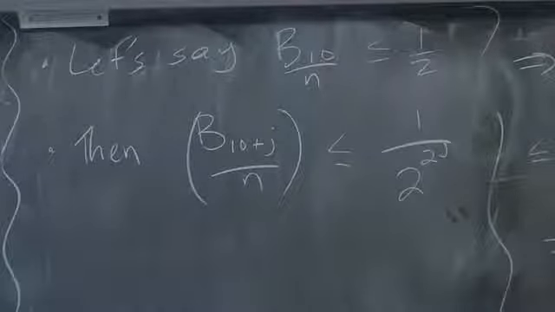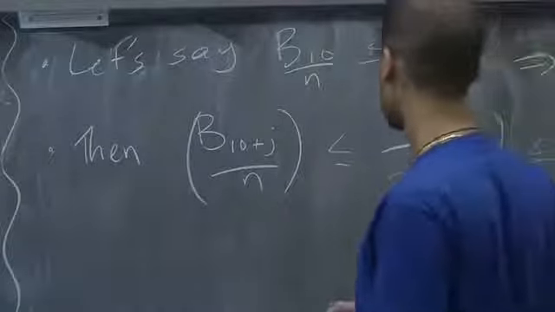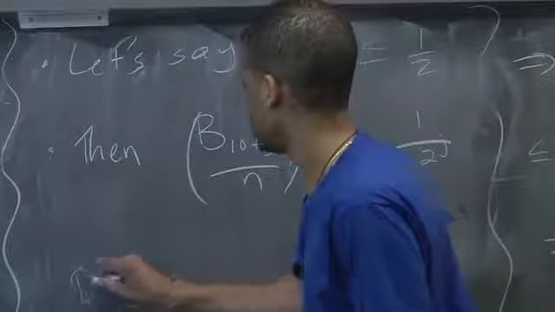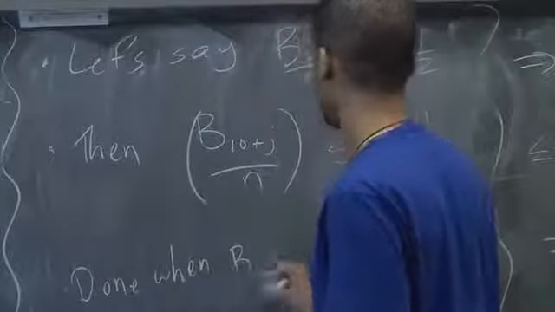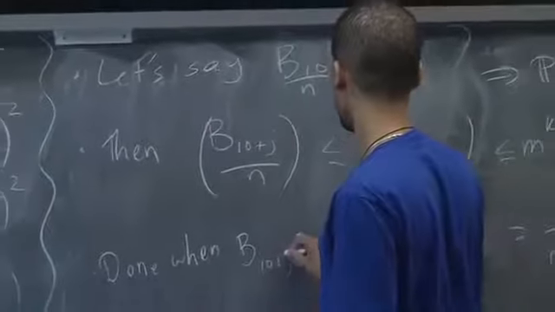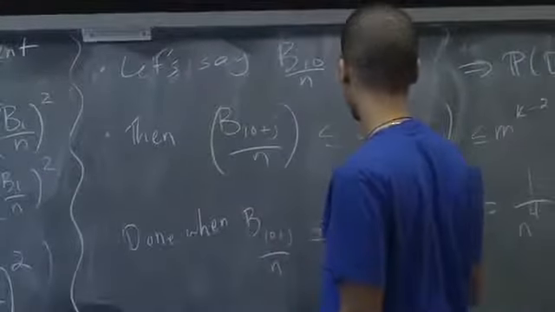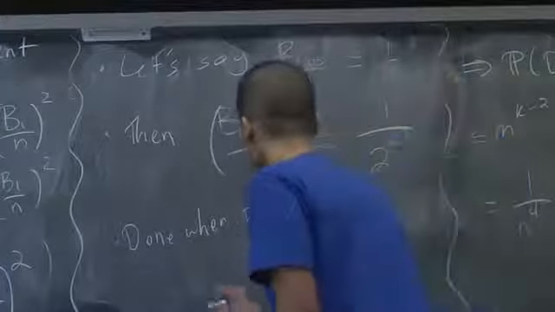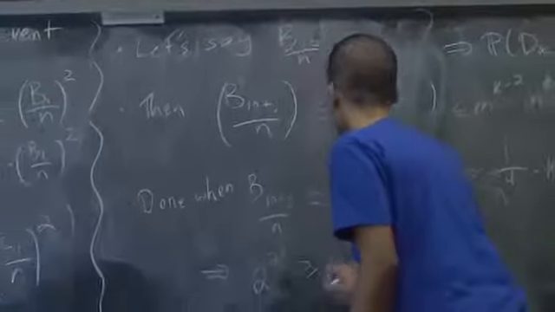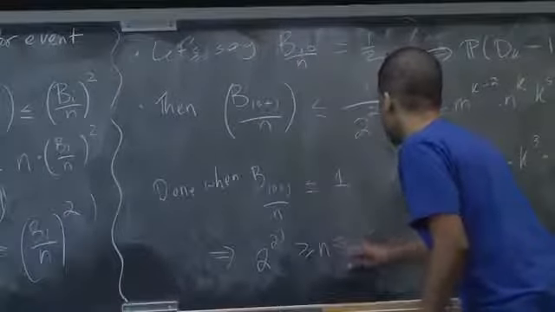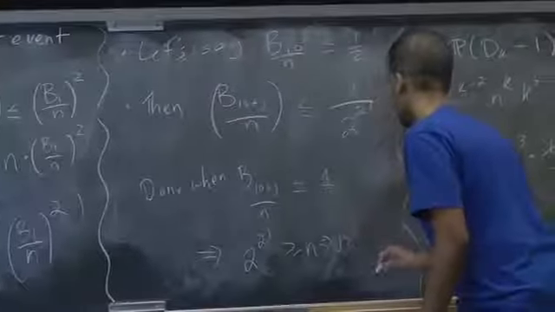So we're done when b_(10+j) over n is at most 1, which implies 2 to the 2 to the j is bigger than or equal to n, which implies j is bigger than about log n.